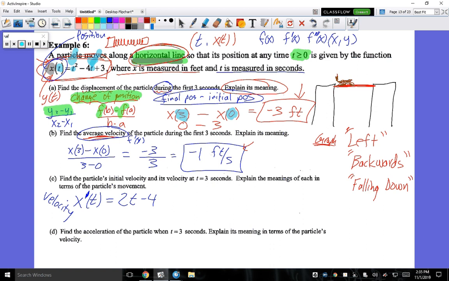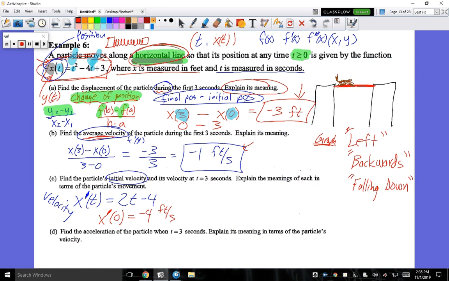So 2t minus 4, because we are in respect to time. All right. So find the initial velocity. What do I do with that? What does initial velocity mean? Plug in 0. x prime at 0. That's my initial velocity, because my initial time is 0. What do I get there? Negative 4. So negative 4 feet per second.